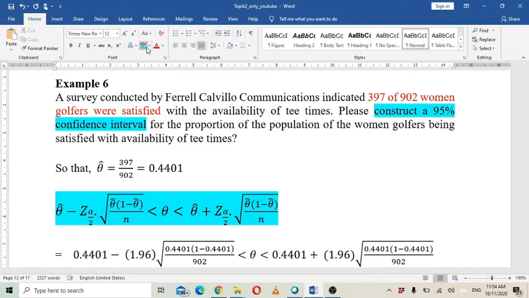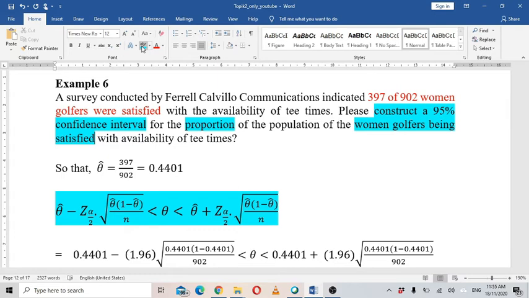This is the first key point, and it tells you this is a proportion problem. The second key point is the keywords referring to women golfers being satisfied. That's why your theta hat is 397 over 902.